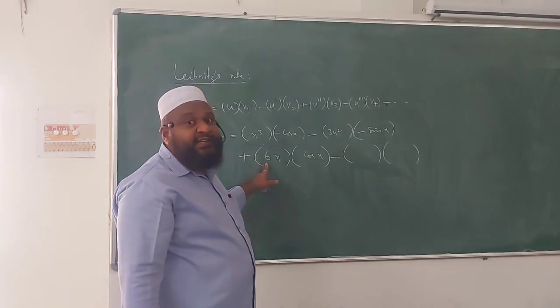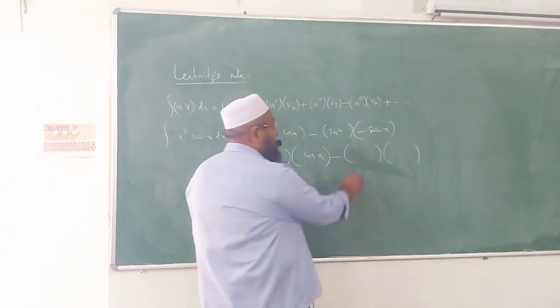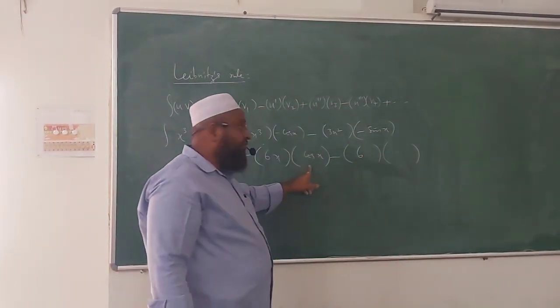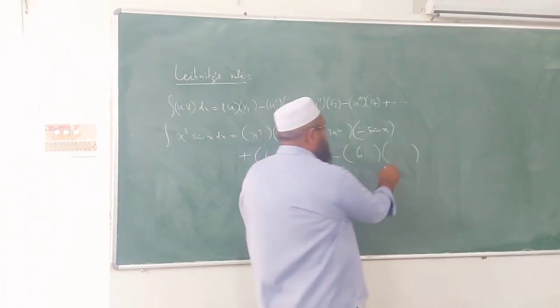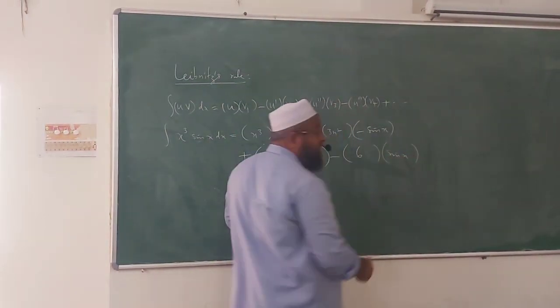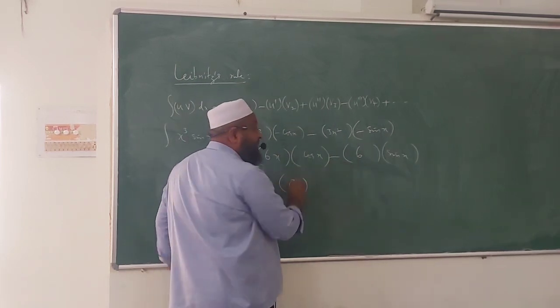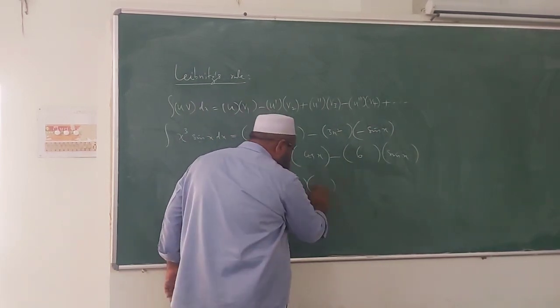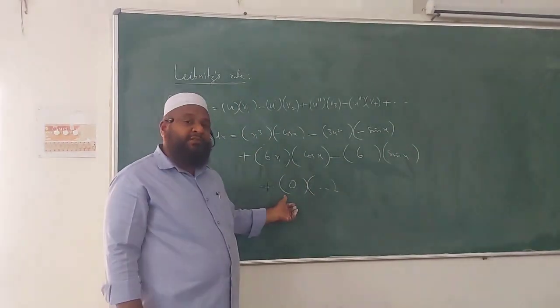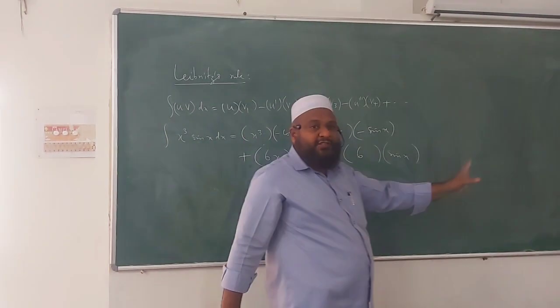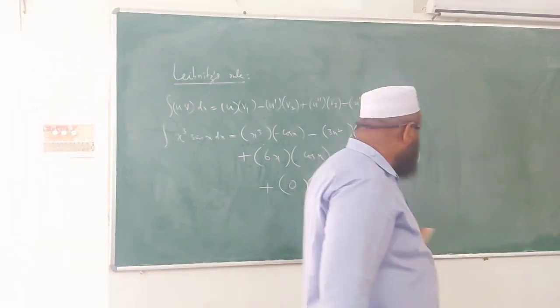Now 6x, derivative is 6. Integral for cos x, that is sin x. Next, plus derivative of 6 is 0. This derivative we don't require because this has become 0. So from here onwards all terms will be 0. So it will end up.